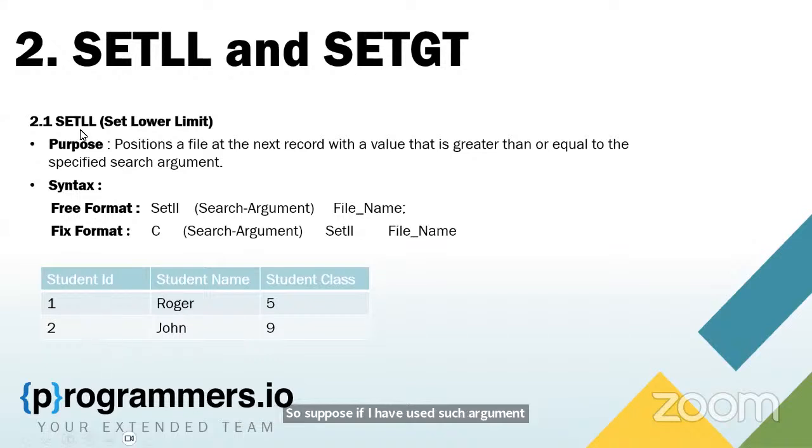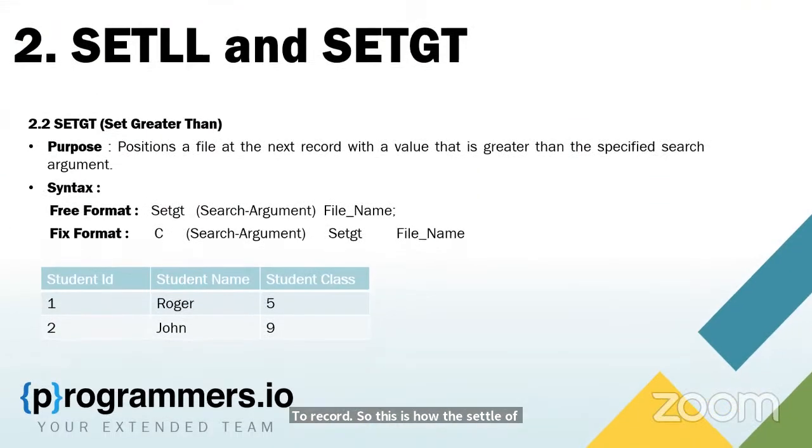Then setll will search for the equal record, so it will set the pointer at student ID number 1. Let's suppose student ID 1 is not in the file and there is only one record present, student ID 2. Then it will set the pointer at the value that is greater than that, so it will set the pointer on the record number 2. This is how the setll opcode works.